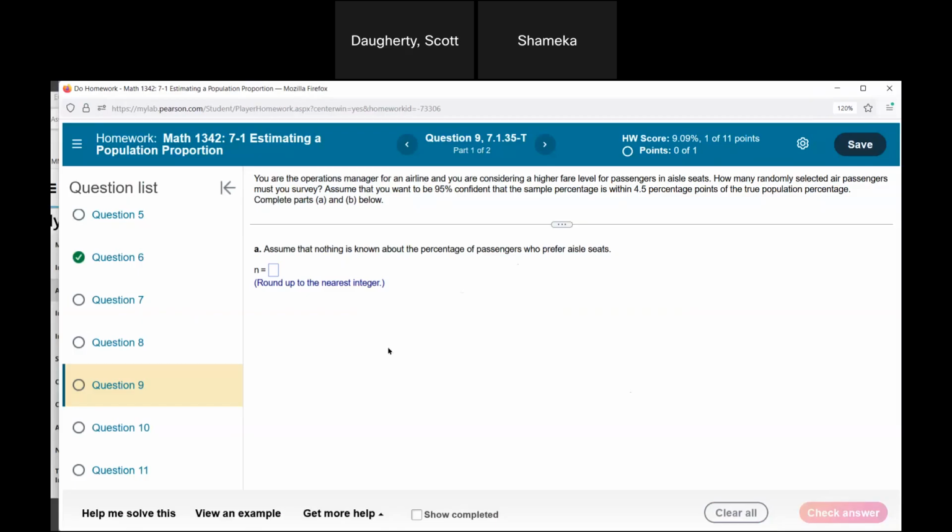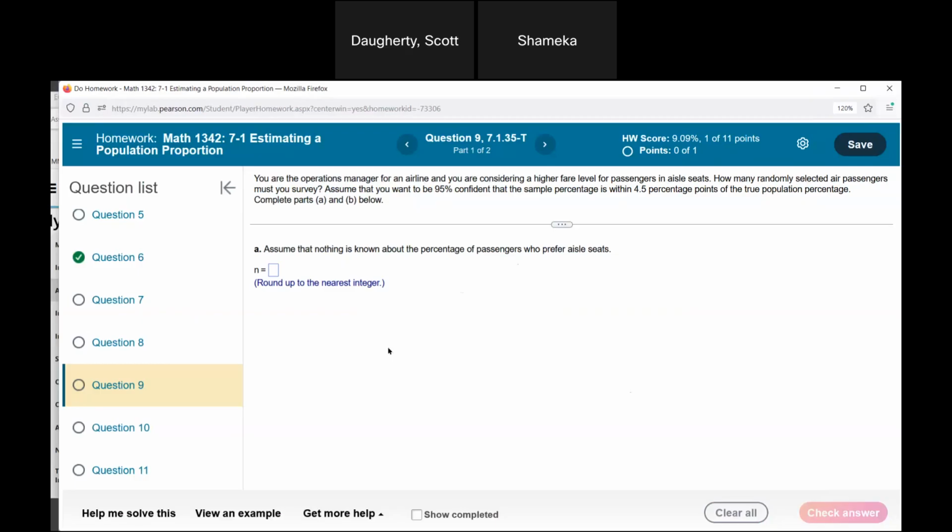Well, you decide what margin of error you want to be within, and also what level of confidence you're going to use. Once you know both of those things, that will determine how big the sample has to be in order to get that margin of error to be within whatever amount you want at that level of confidence.